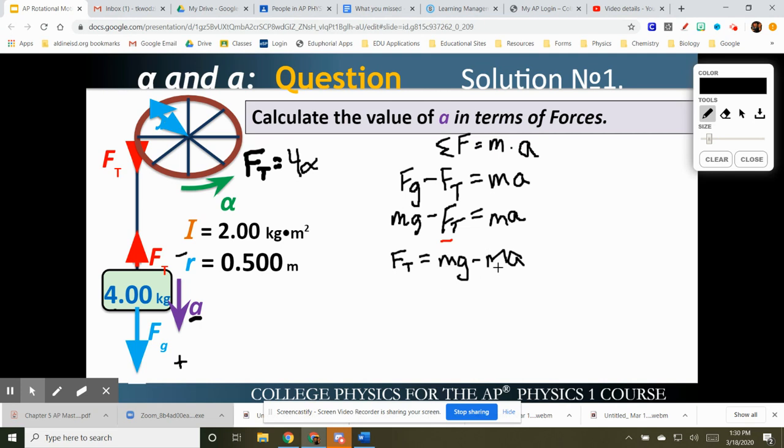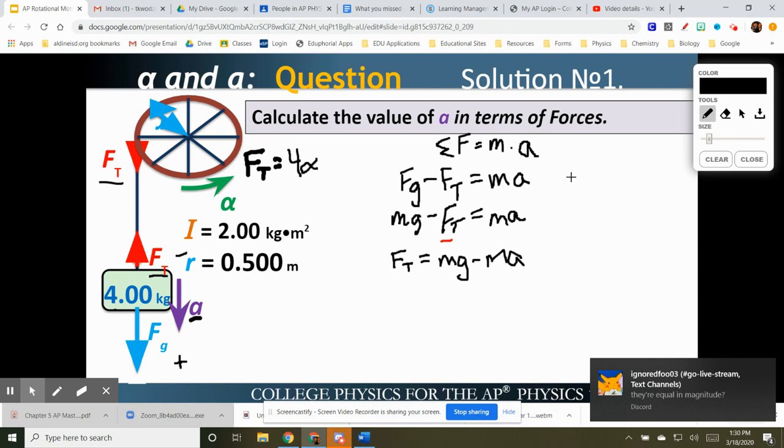Okay, before we go any further, because I need to point this out for you. What is true about this force of tension and this force of tension? So there's a force of tension that's acting on the pulley, and there's a force of tension that's acting on the block. What has to be true about those two tension forces?